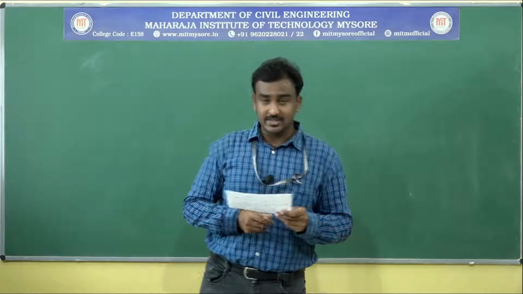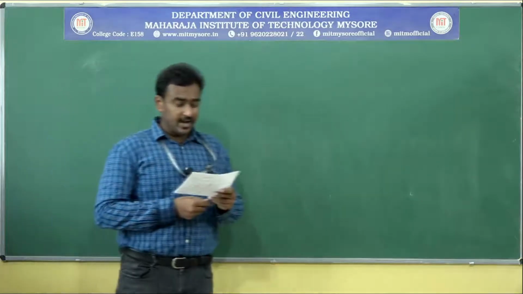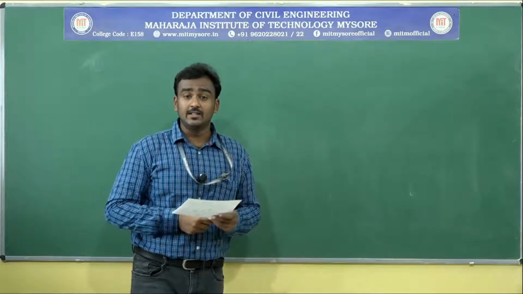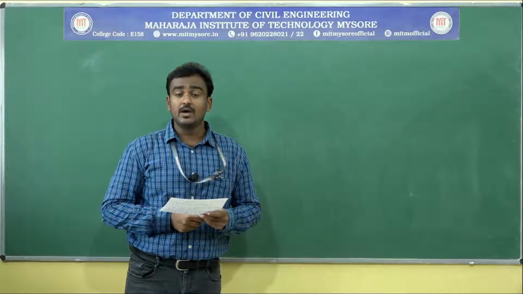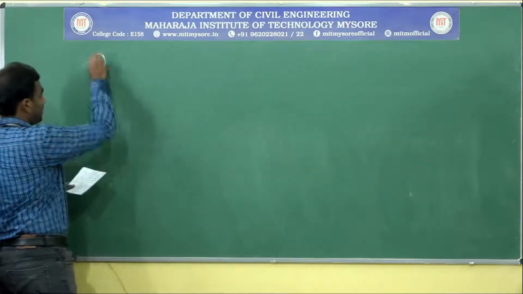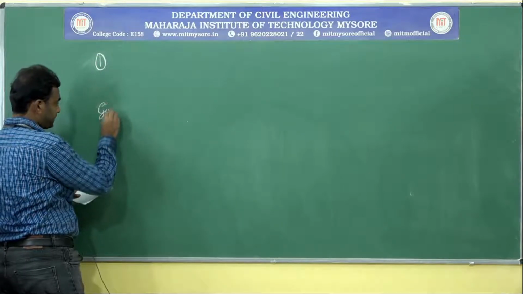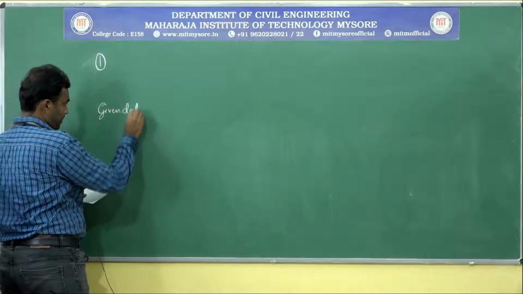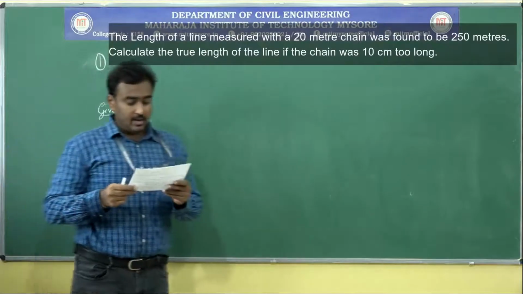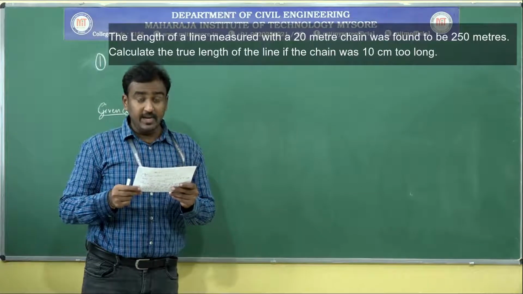The first problem says like this. The problem will be displayed here. I will write only the given data. It is mentioned that the length of the line measured with a 20-meter chain.